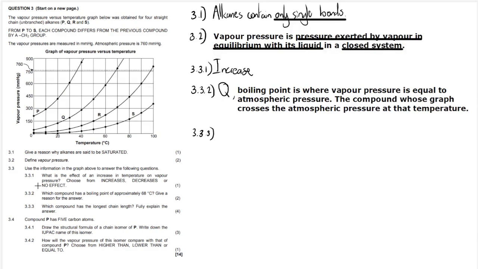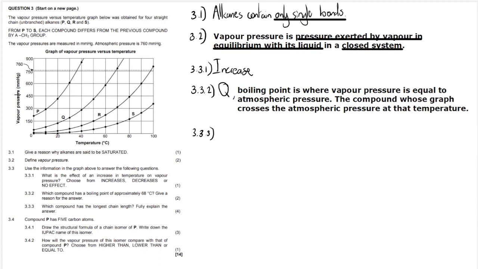Now, at a, we see that our boiling point for substance P is here at 37. But at Q, that was 68. For R, it was just under 100. And for S, I believe S will be on here. It will have the highest boiling point, and then for that reason, it will have the highest intermolecular forces.